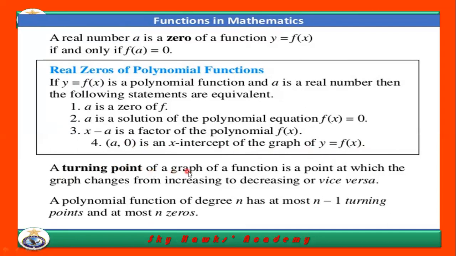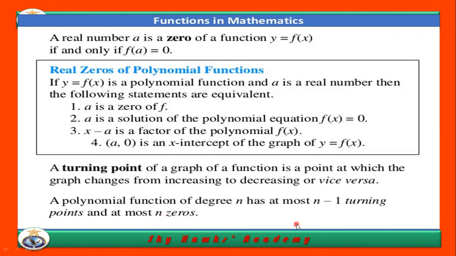A turning point of the graph of a function is a point at which the graph changes from increasing to decreasing, or from decreasing to increasing. A polynomial function of degree n has at most n minus 1 turning points and at most n zeros. So the degree of a function decides how many turning points, one less than the degree, and how many zeros, equal to the degree.